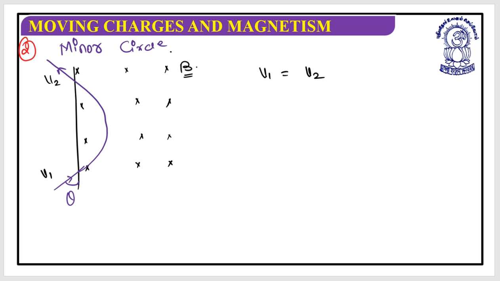Yes, v1 equals v2. The radius would be the same, it's mv by qB, that we understand. Now what about the time period? It is a bit tricky. How could I get it done?